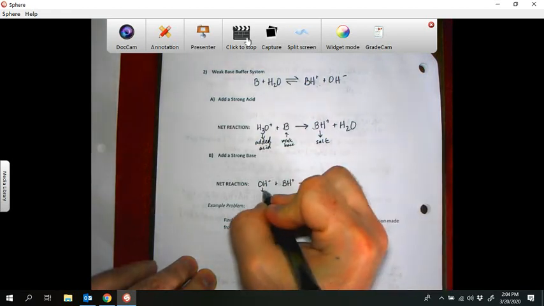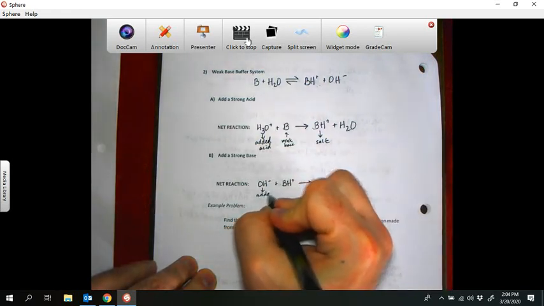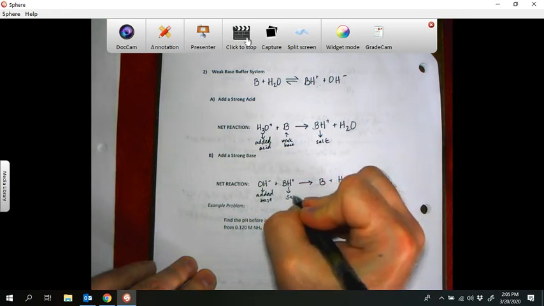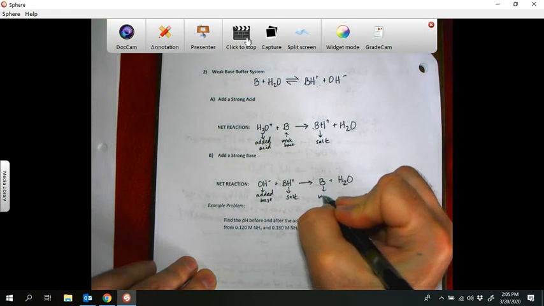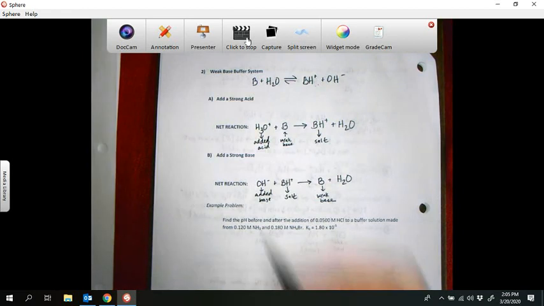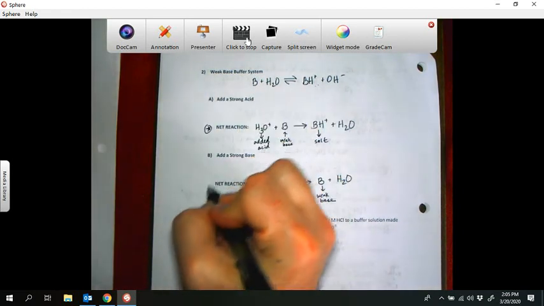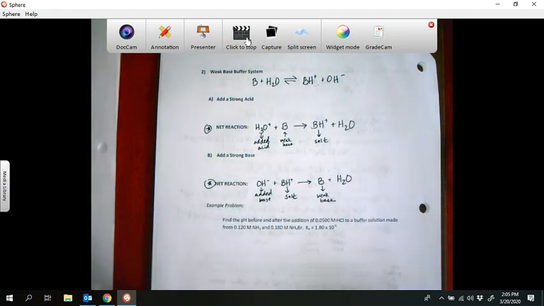So this is our added base. This is our salt. This is our weak base. So these are the two things that we're going to look at if we have a weak base buffer system.